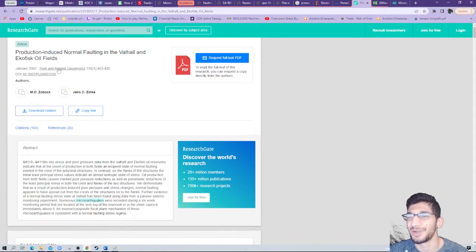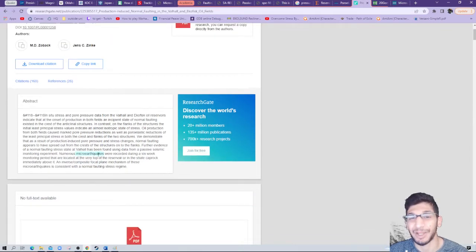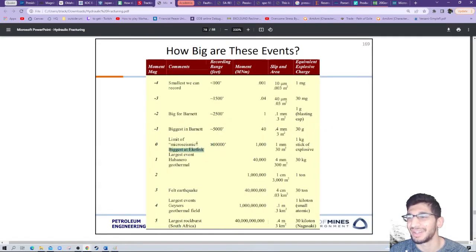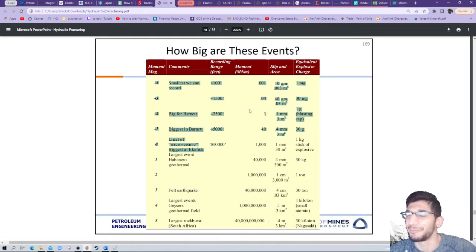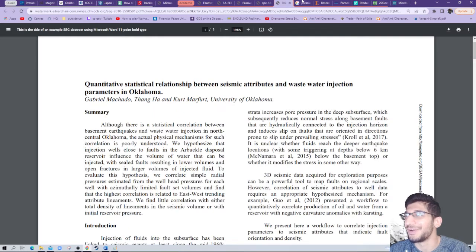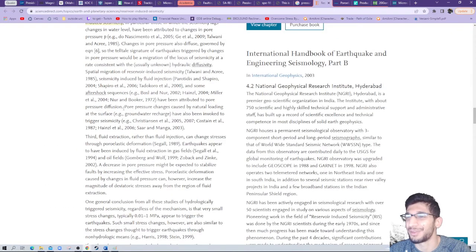Let's look into Zobak and Zinke. Micro. They're looking at the micro level, not the levels that we can feel. So it's kind of irrelevant to our case. Remember, they're looking down here. Yes, we do cause those in the oil field all the time, but you will never feel them. You'll only feel them when we do injection. So this is the issue with those two guys.